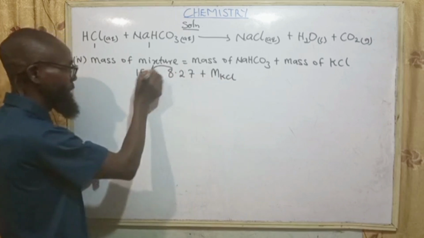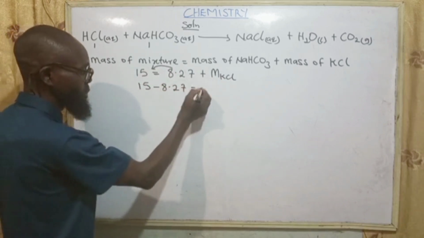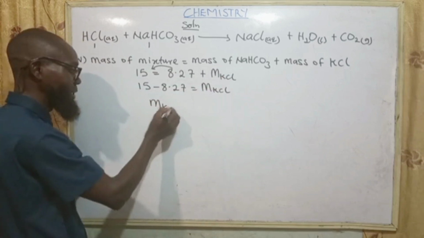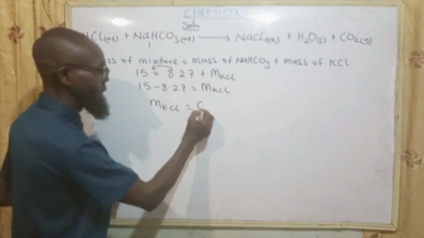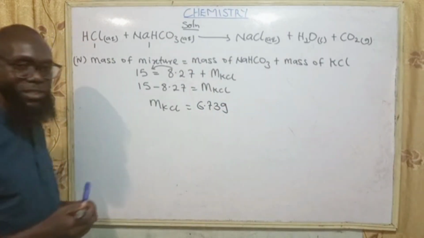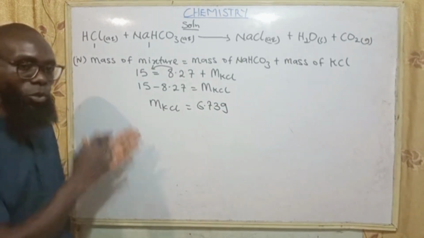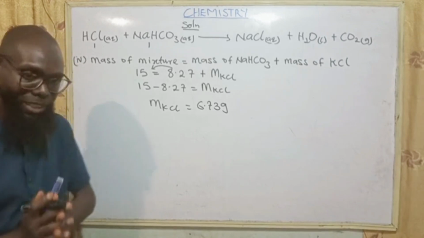Then 15 minus 8.27 equals mass of KCl. So my mass of KCl will now equal 6.73 grams. So this is how to calculate this. If a similar question comes this way, this is the way we go about it.